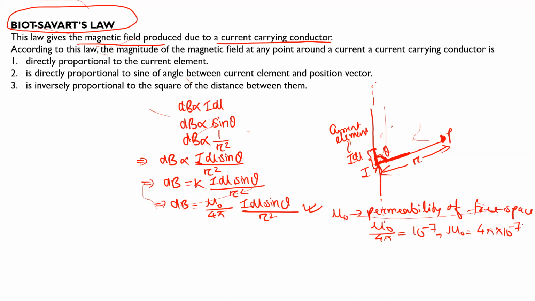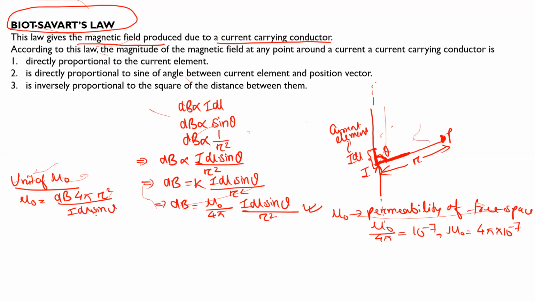Next, you can also find the unit of mu naught in this case. How can you write it? Mu naught is equal to dB into 4 pi r square divided by Idl sine theta.